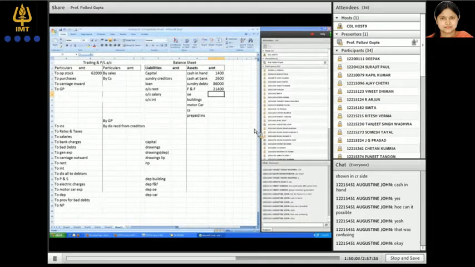Balance sheet asset side, 16,000. Buildings balance sheet asset side 60,000. Car, asset side, 20,000.